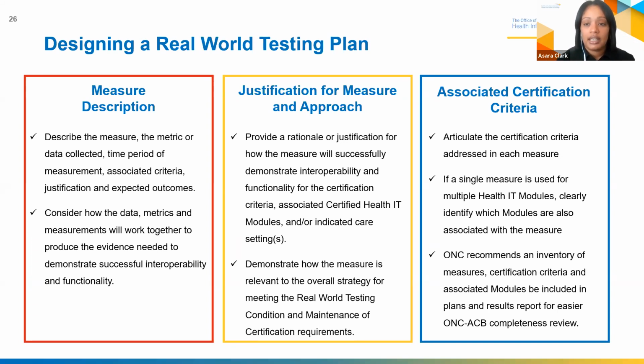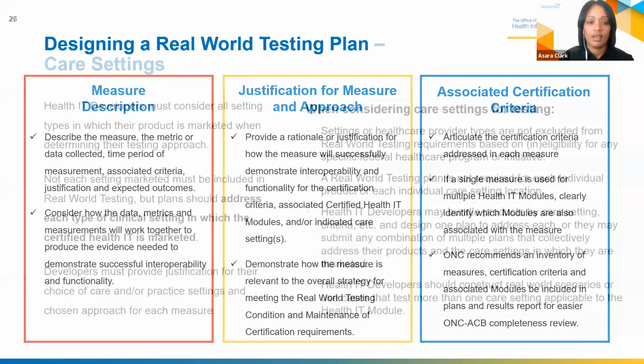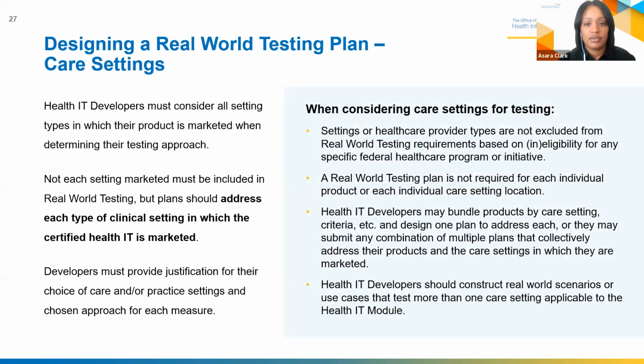That should be included in your plan. And then the associated certification criteria: again, the template helps a lot with how to make sure that each element is accounted for each certification criterion that's included within the scope and subject to real-world testing.